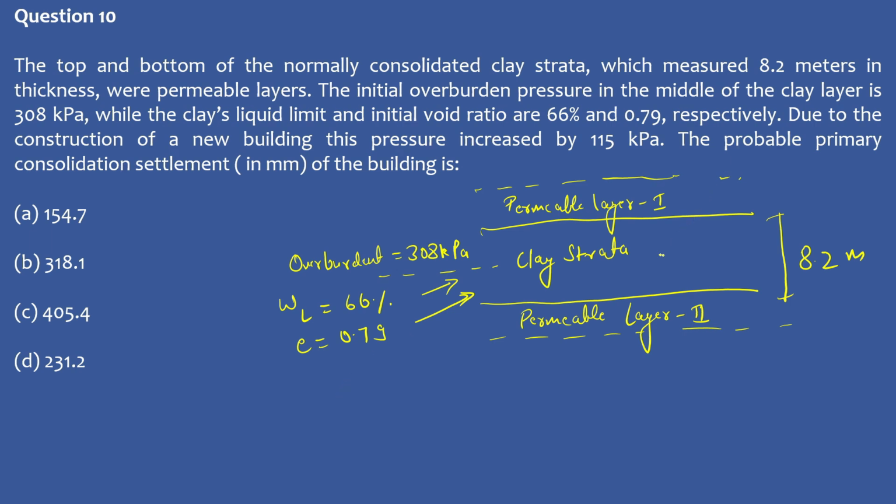And now there is some increase in pressure which is 115 kPa. Then you need to evaluate the primary consolidation settlement, that is, how much settlement is happening due to the consolidation.